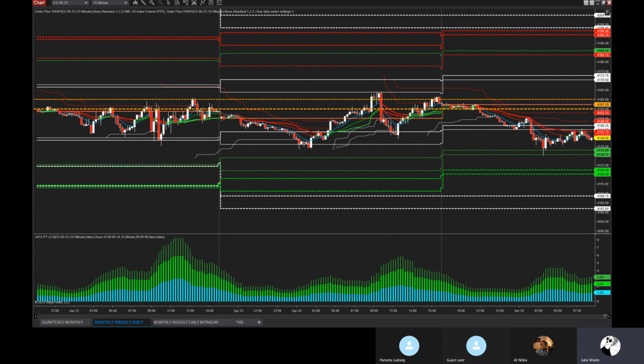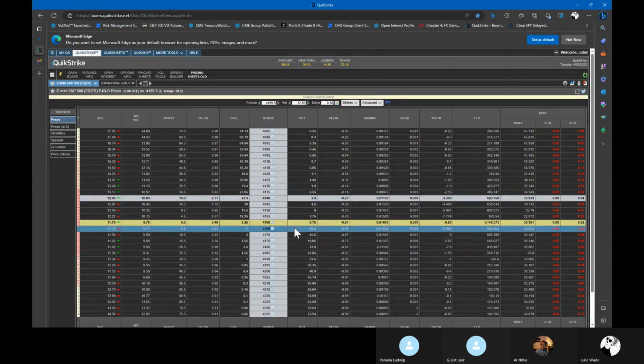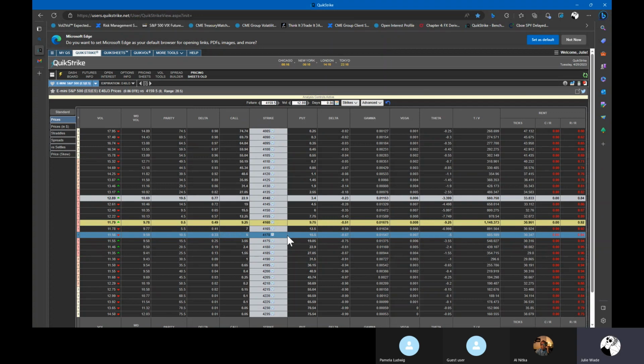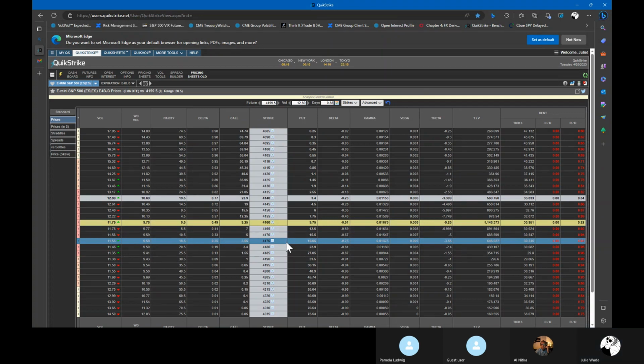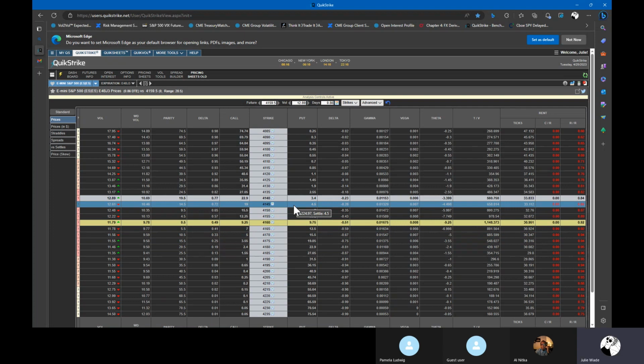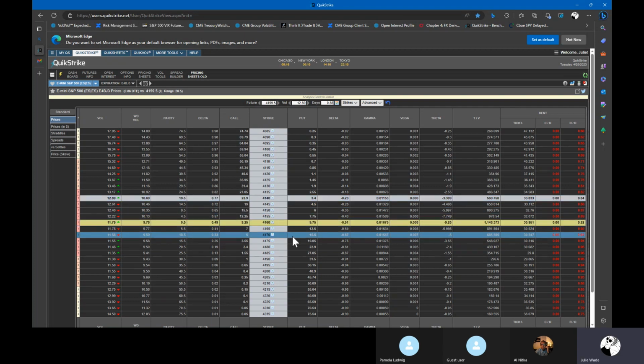And then we can go down to the 4170 and the 4145, 4140, 4175.